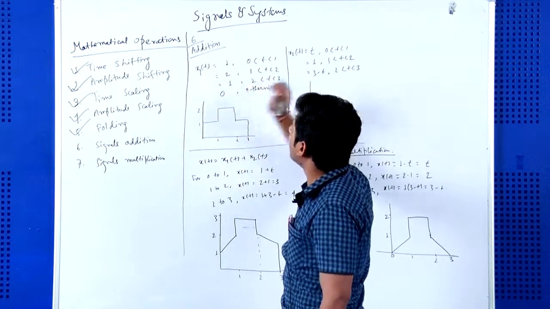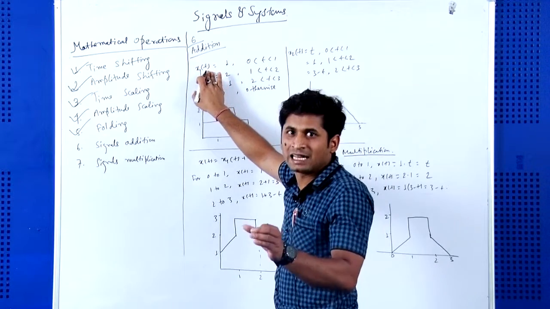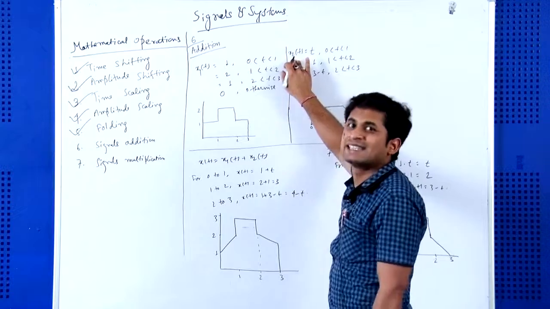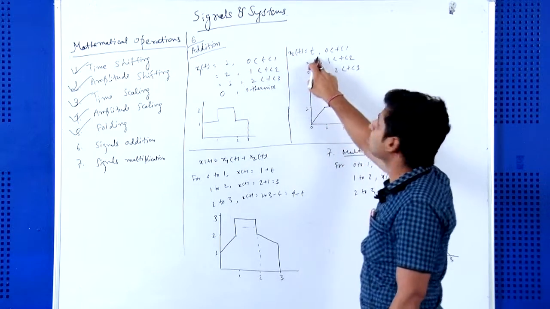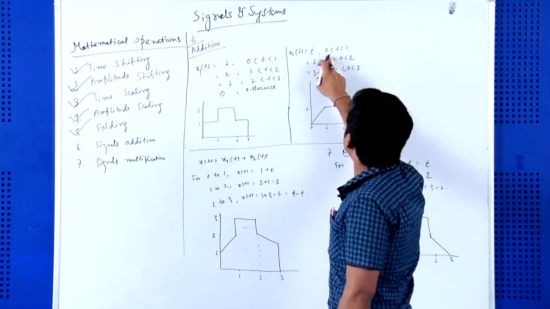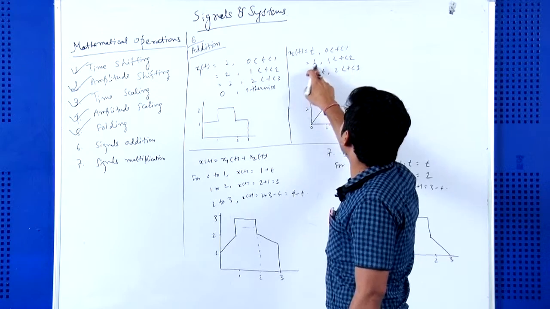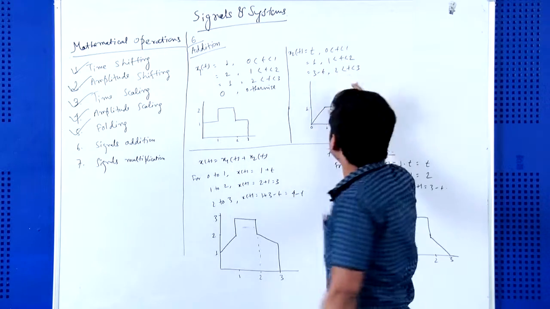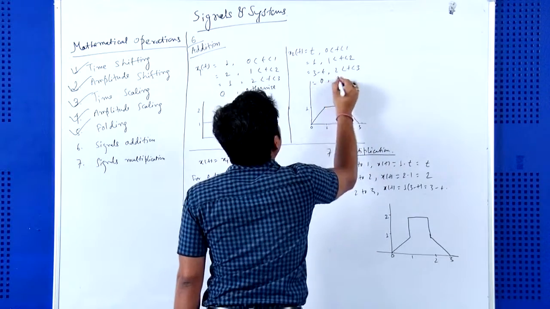So it is clearly defined. Another signal x2(t) is also clearly defined: x2(t) is equal to t between 0 to 1, equal to 1 between 1 to 2, equal to 3 minus t between 2 to 3, and 0 otherwise.